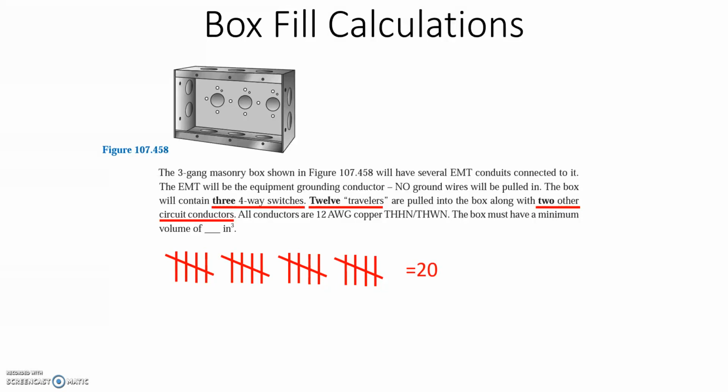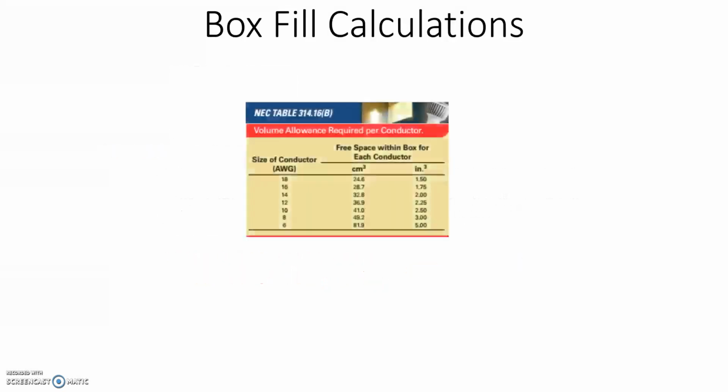But let's jump over and check how we're going to size that. What amount of space do we need for number 12? To do that, we're going to go back to our table 314.16(B). We can see if we're using number 12s, we should include 2.25 cubic inches in our calculation. So again, we have our 20 that we counted times 2.25 cubic inches for number 12.